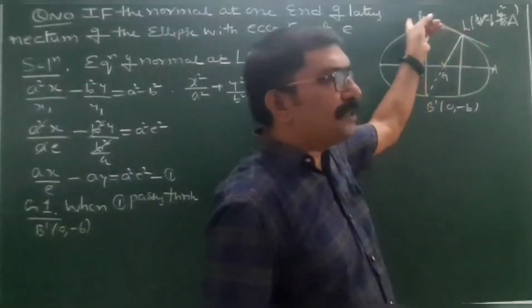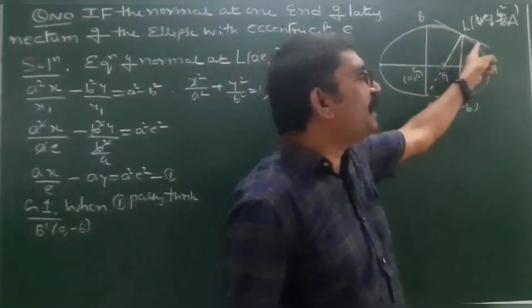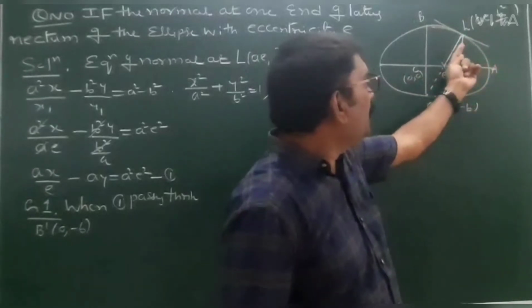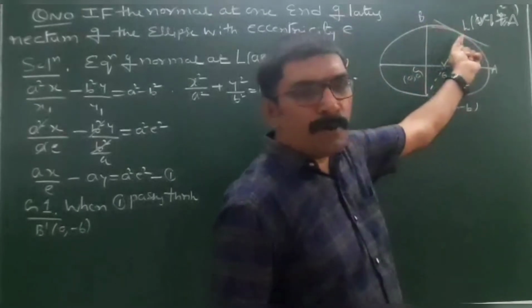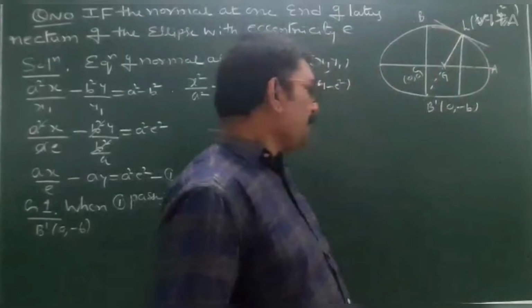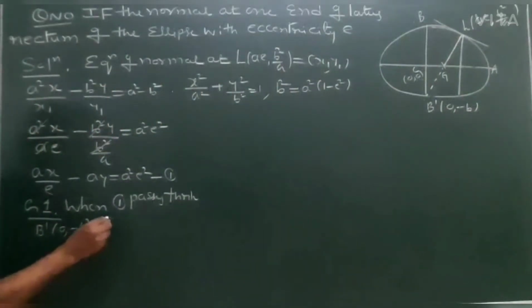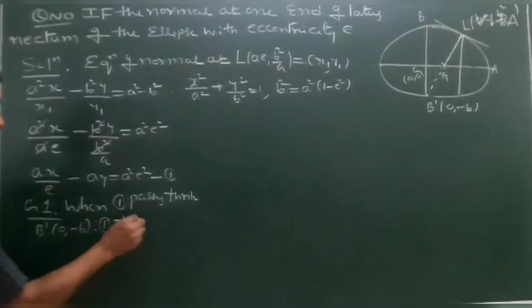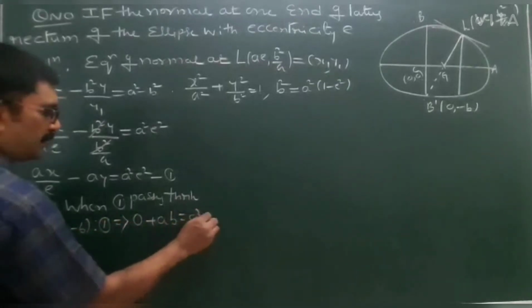Here it cannot pass through the other end, because the normal cannot be parallel to the tangent at L. So when the normal drawn at L passes through the other end of the minor axis, that is (0, −b), then from 1 we get 0 + ab = a²e².